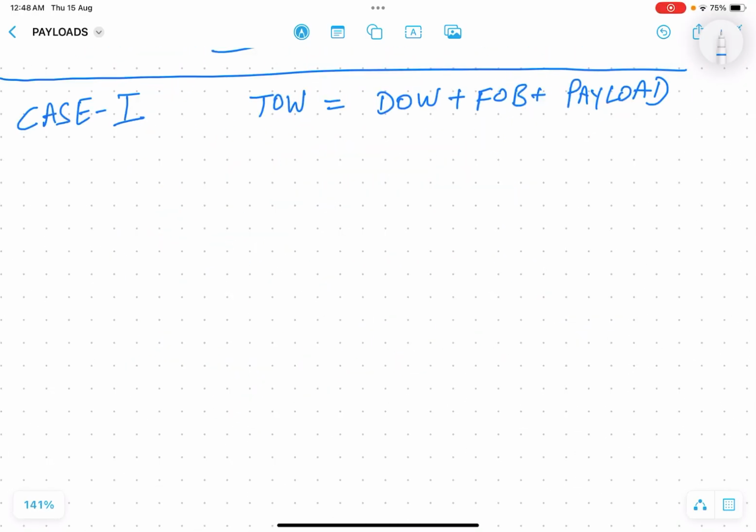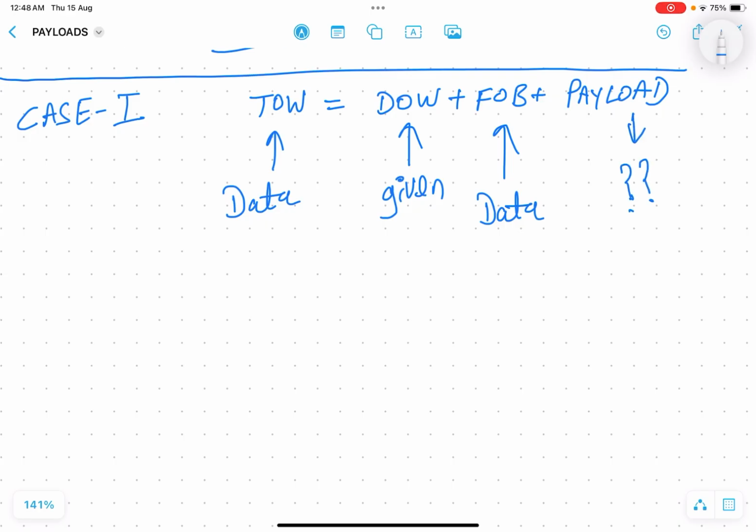So this was case 1, where takeoff weight will be calculated from the given data, dry operating weight will be given, fuel on board will again be calculated from the data, and payload will be calculated. You will need to find the payload in these kinds of questions.